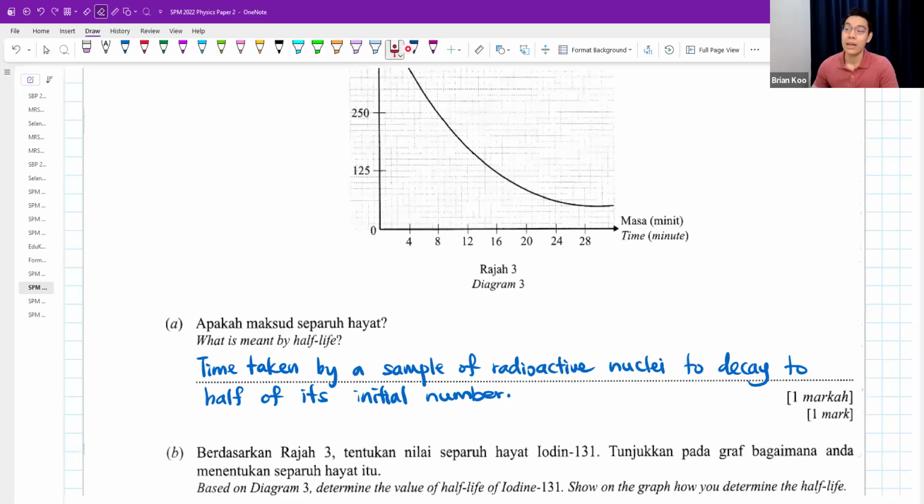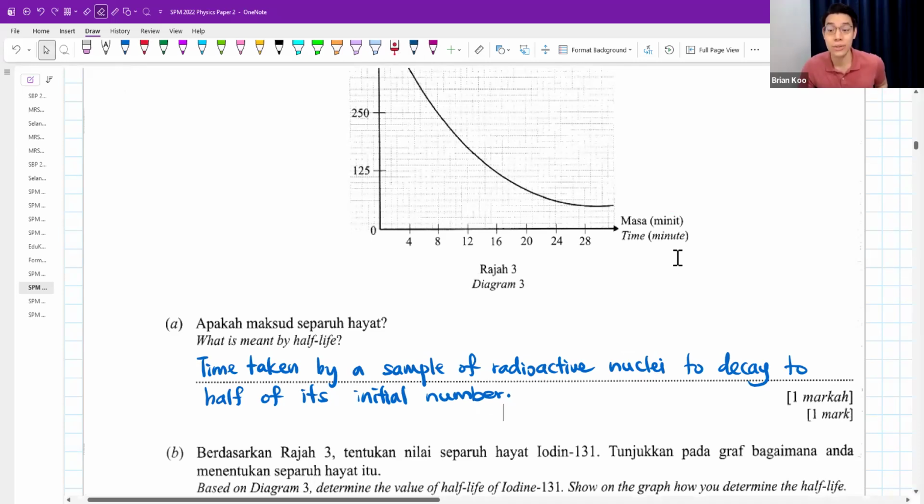But remember, it is all about the nuclei. It is not about the atoms. That's why this is called nuclear physics. Okay? This is the textbook definition. If you forget number, you can also say mass, also accepted. The time to cut down to half of the mass also can.